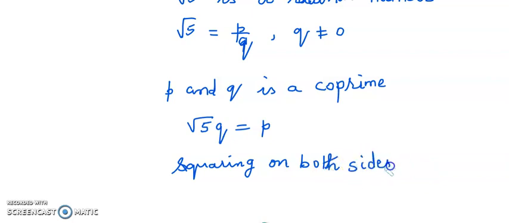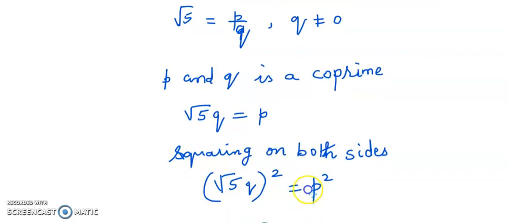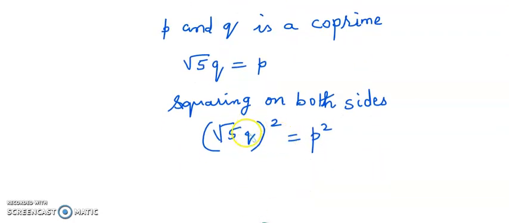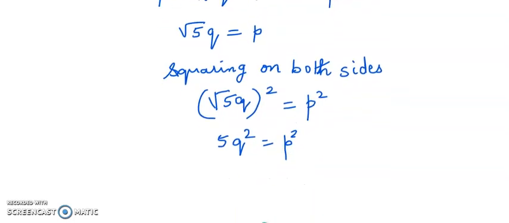Root 5 squared is 5, and q squared. So it becomes 5 q square equals p square. I'm just going to rewrite this in a more convenient way as p square equals 5 q square.